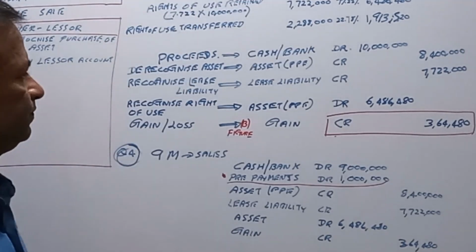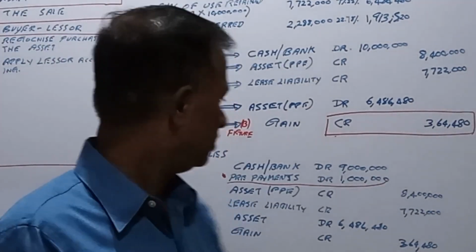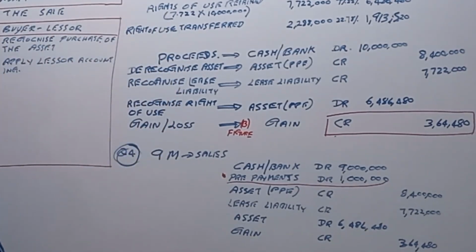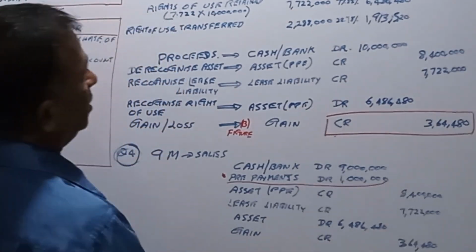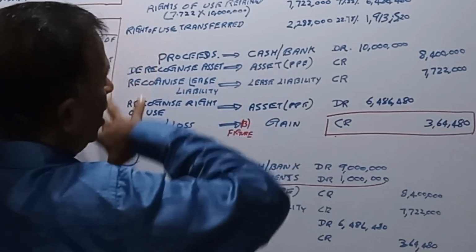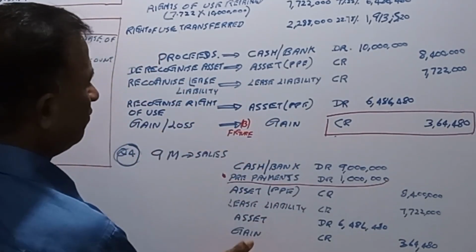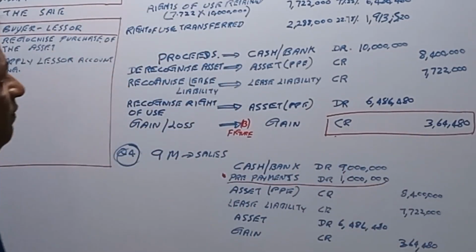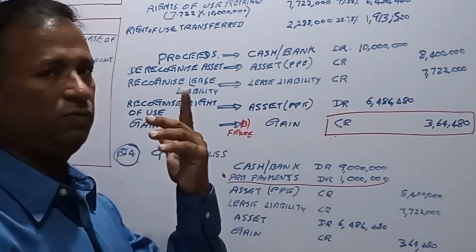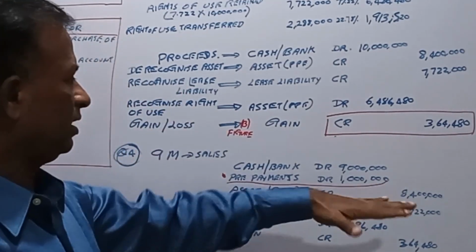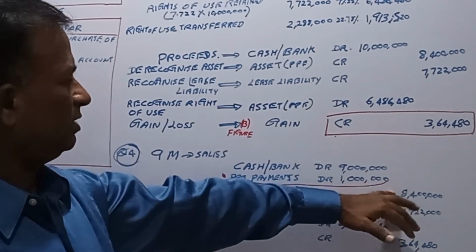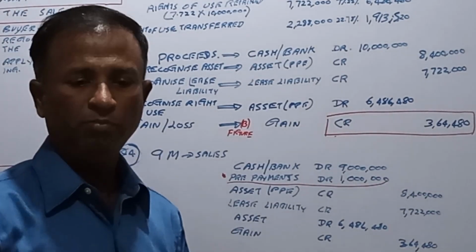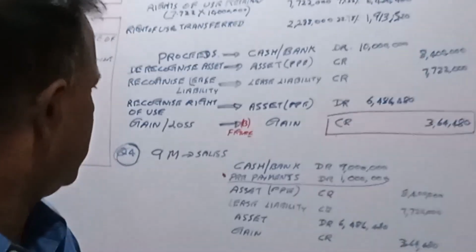The difference between the fair value sales and the below fair value sales is the prepayments we are debiting. That is the difference. Other than that, there is no difference in this answer. Okay, we will move to the B part.